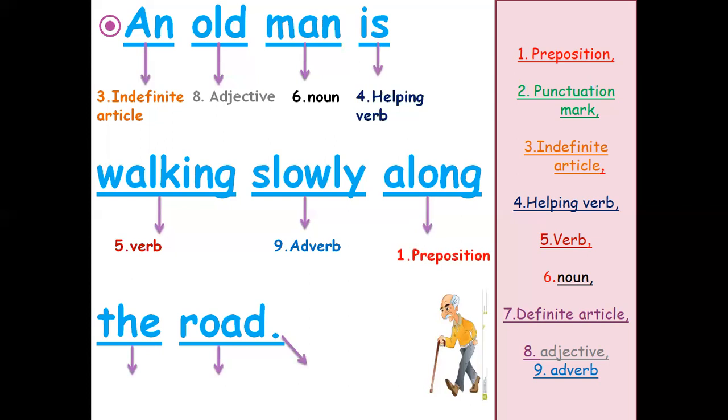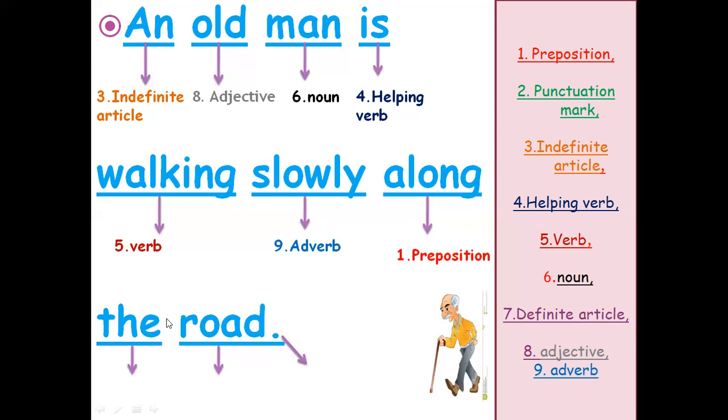In English grammar, there are many prepositions. Can you tell me 2-3 prepositions you can remember? Yes, in, on, under, near, between, among. Those are prepositions. So this word along is a preposition. Next word is the.